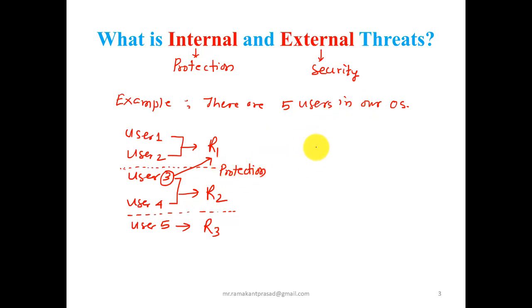From the security point of view, suppose there is another user, user 6. User 6 is not part of the operating system. It is not part of the organization. So if user 6 wants to access the resource R1, then this comes under external threat.